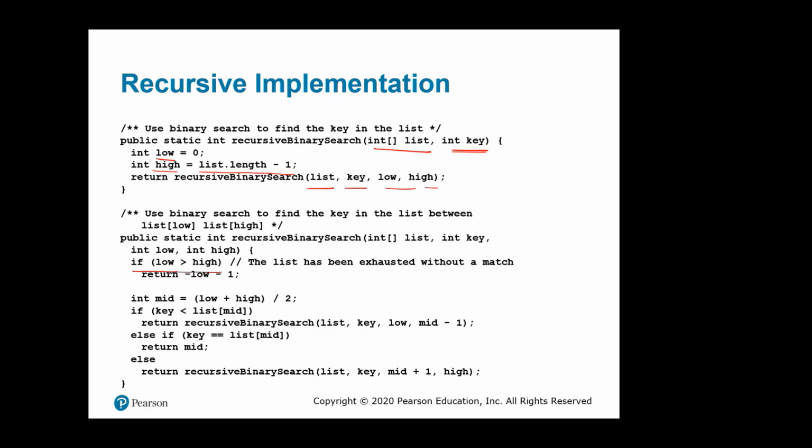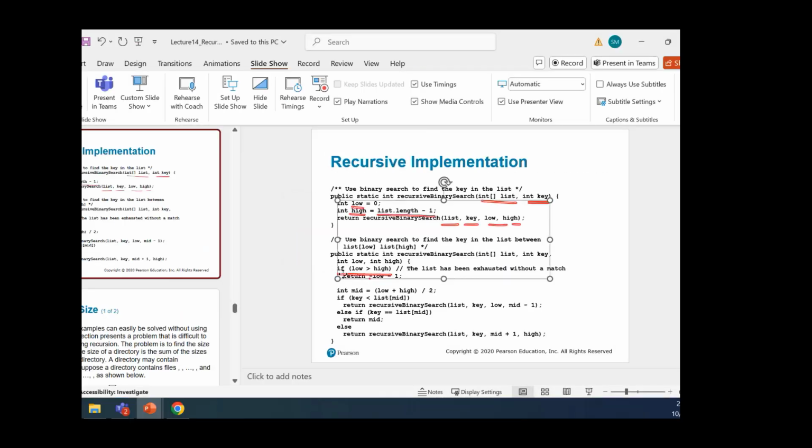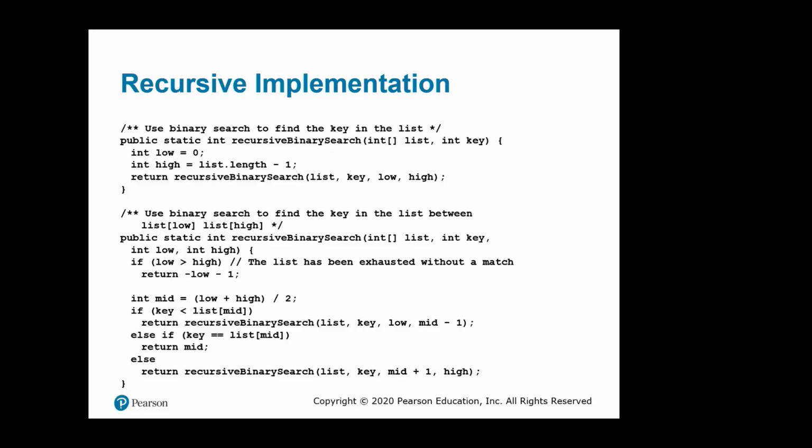Otherwise, if the list has been exhausted without a match, so we searched everywhere and did not find that element, at that time we are going to return that the element is not found.